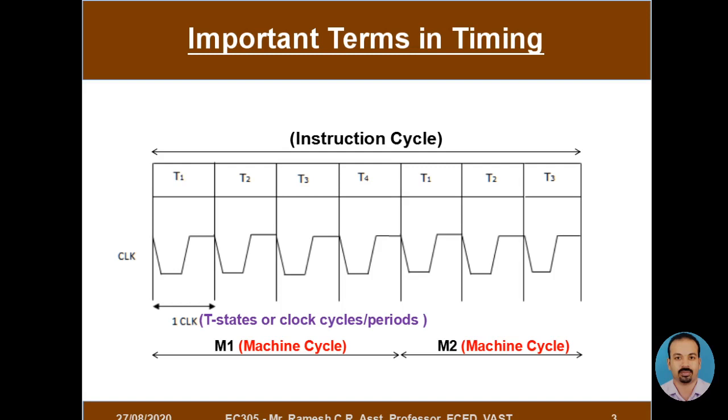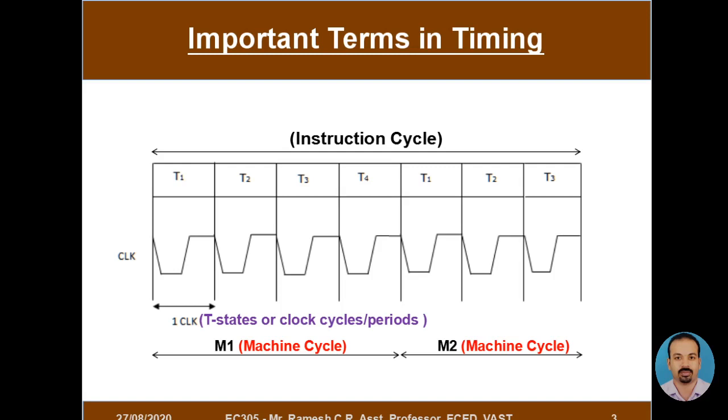M1 is a machine cycle which consists of 4 clock periods or 4 T states to complete a task included in the instruction cycle. M2 is another machine cycle which consists of 3 T states, required to complete another portion of the instruction cycle. So the machine cycle is the sequence of T states, or the time period, required by the microprocessor to complete a specific task involved in an instruction.